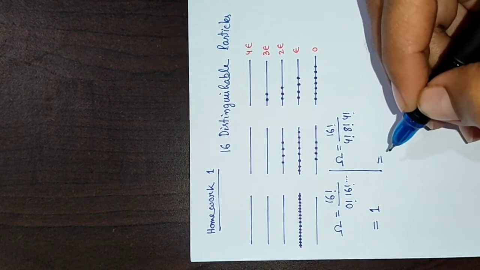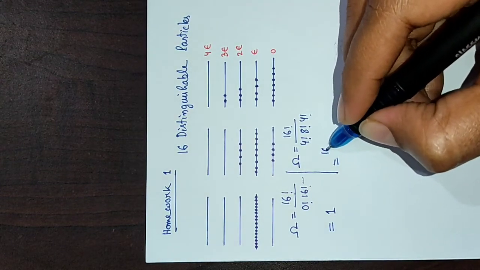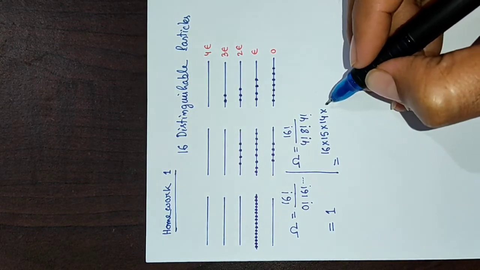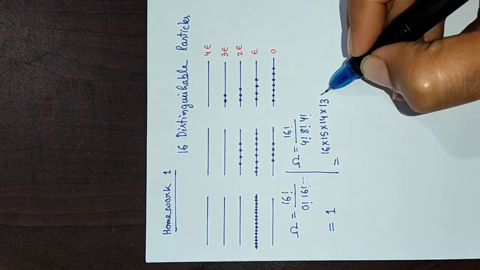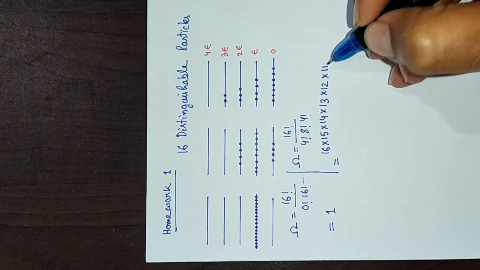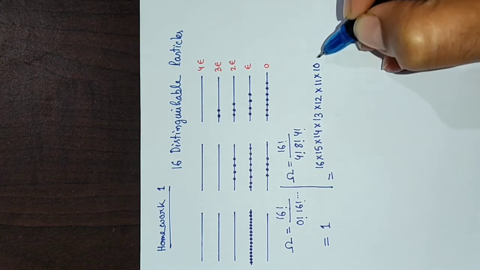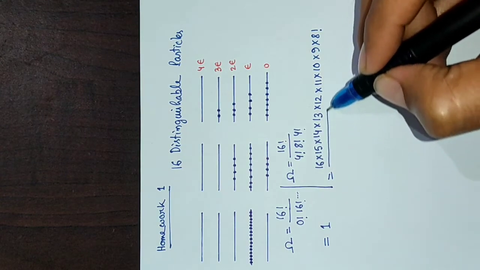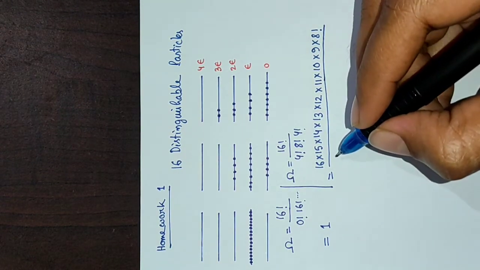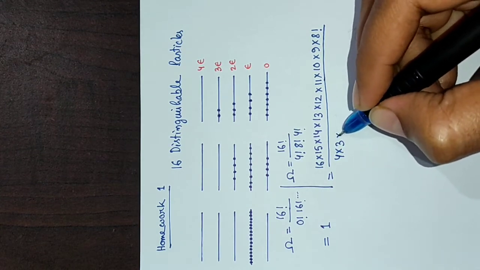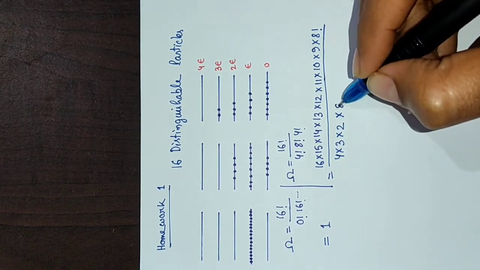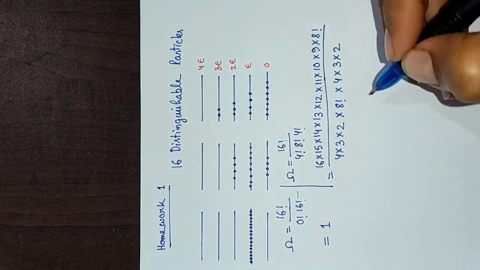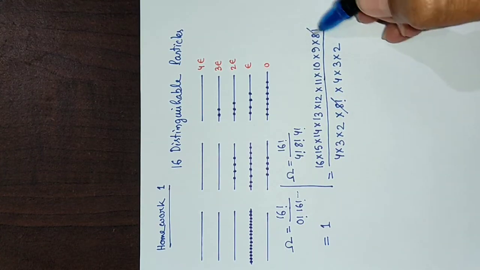So we have 16 into 15 into 14 into 13 into 12 into 11 into 10 into 9 into 8 factorial. And here it is 4 into 3 into 2, it is 8 factorial, and we have 4 into 3 into 2, and this will cancel.